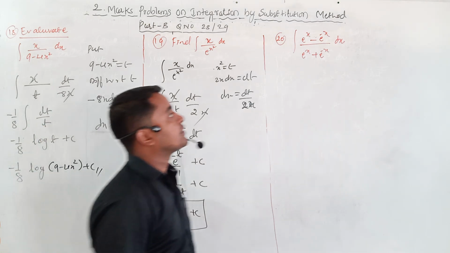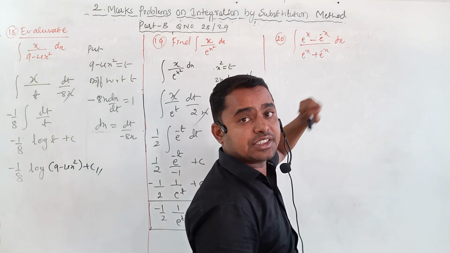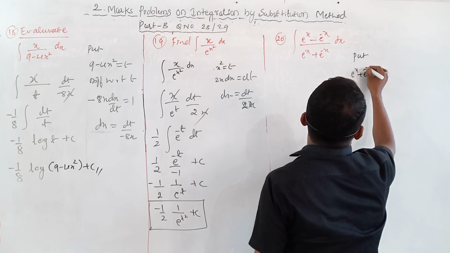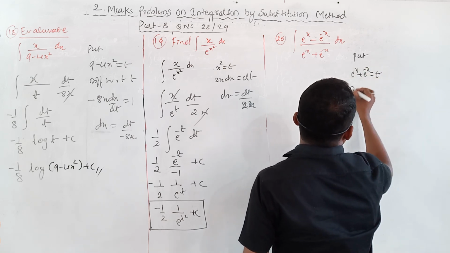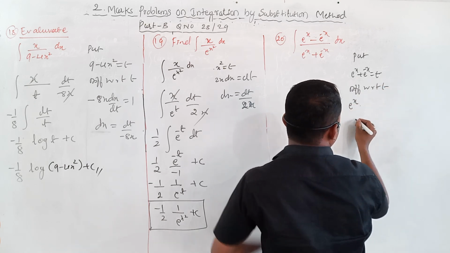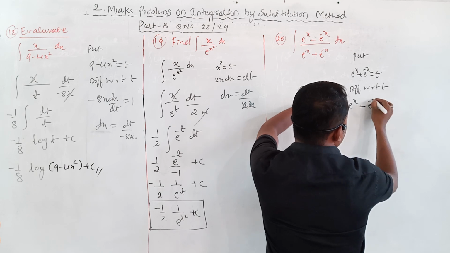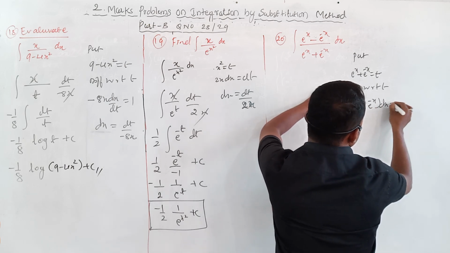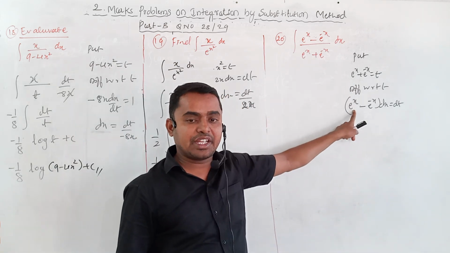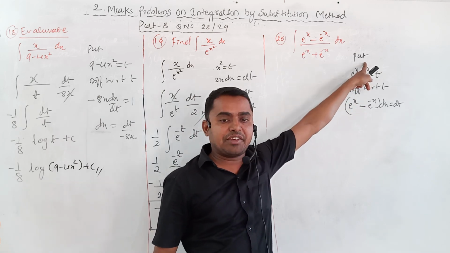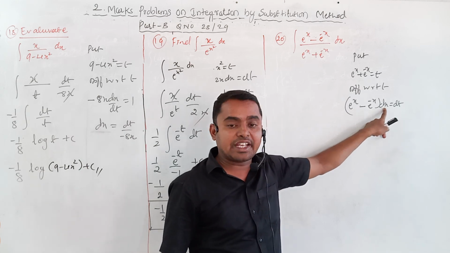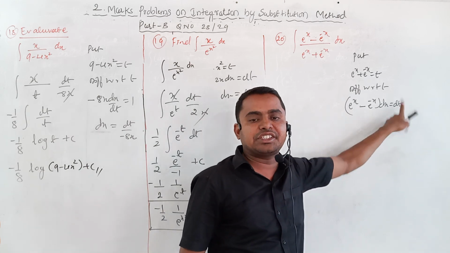Yes. Next, put e raised to x plus e raised to minus x is equal to t. Differentiate with respect to t. Derivative of e raised to x is e raised to x, and derivative of e raised to minus x is e raised to minus x into minus 1. So e raised to x minus e raised to minus x dx is equal to dt.